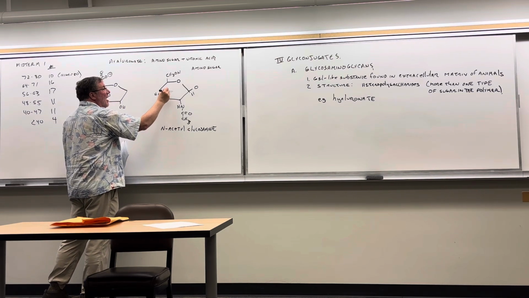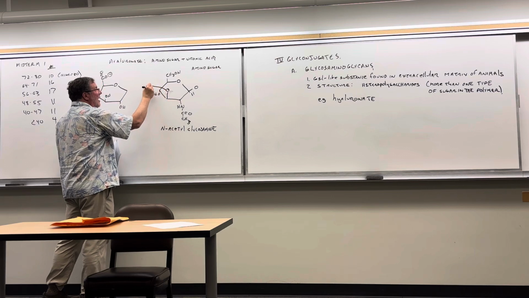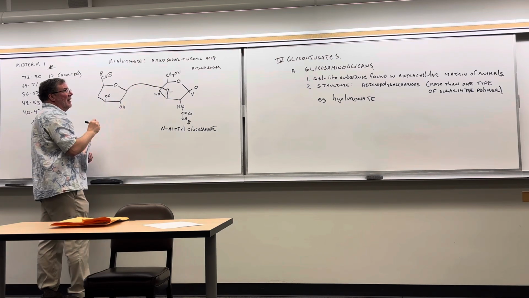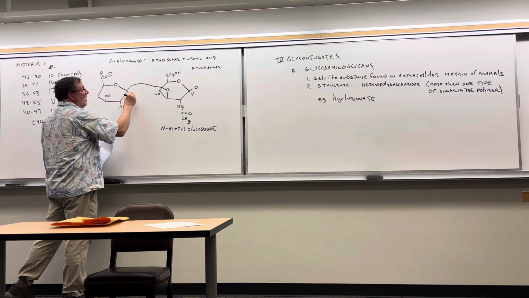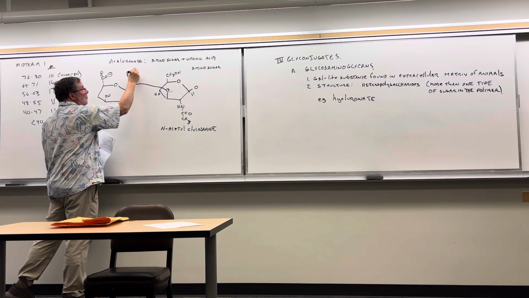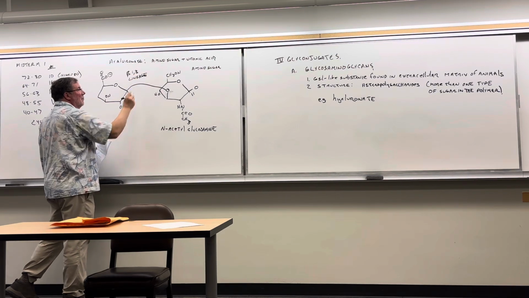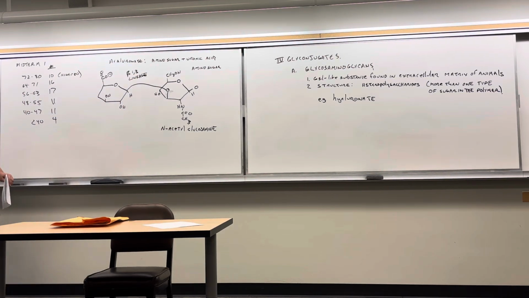So we're going to have the oxygen that's going to come up here, and it's going to bind right here. So this is a beta 1 to 3 linkage. So a little bit different kind of linkage than what we've been showing before.